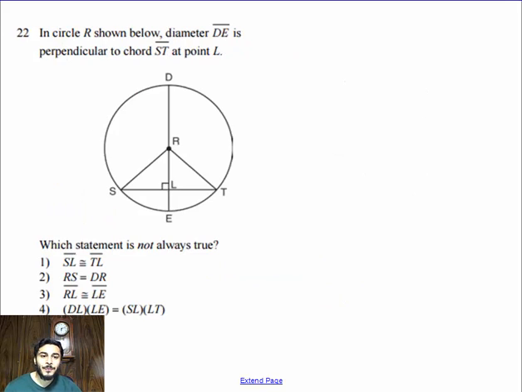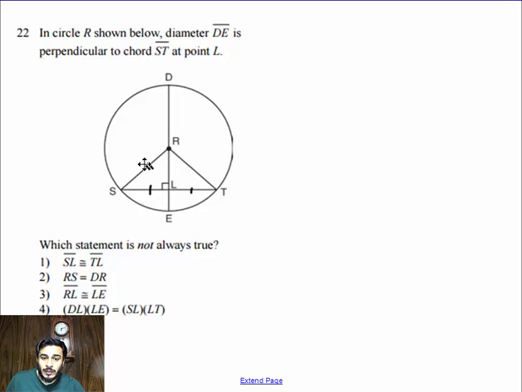Number 22. In circle R shown below, diameter DE is perpendicular to chord ST at point L. Which statement is not always true? So let me point something out here before I even look at the choices. Whenever you have a chord that is perpendicular to a radius or to a diameter, automatically this side is equal to this side.